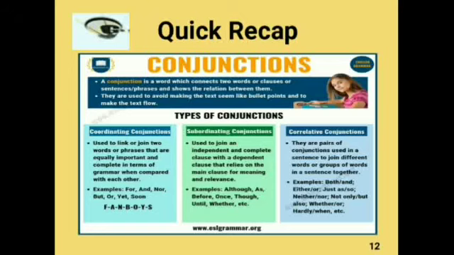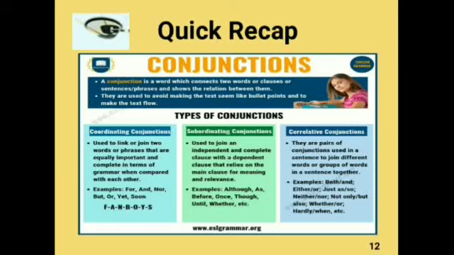There are three types of conjunctions: coordinating conjunctions, subordinating conjunctions, and correlative conjunctions. Coordinating conjunctions are used to link or join two words or phrases that are equally important and complete in terms of grammar when compared with each other.